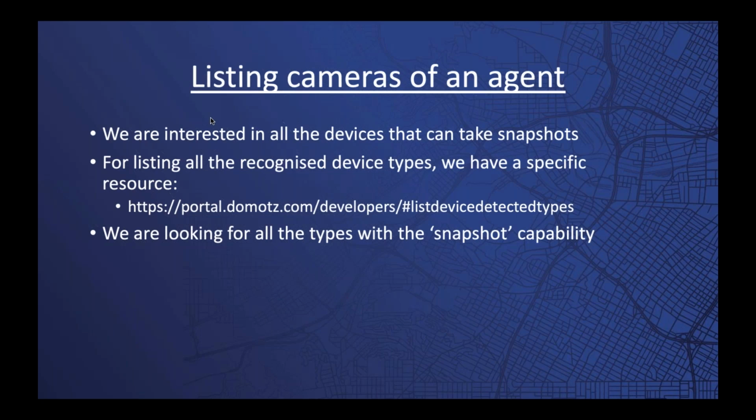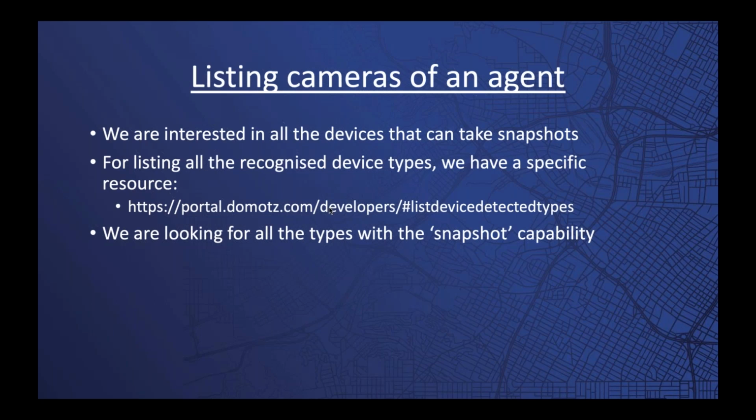So how do we know if a device can get a snapshot? In a programmatic way, of course. If a human can see that the device is a camera, he can decide to take a snapshot. But how can we tell the computer, a program, that a certain device can perform a certain operation?